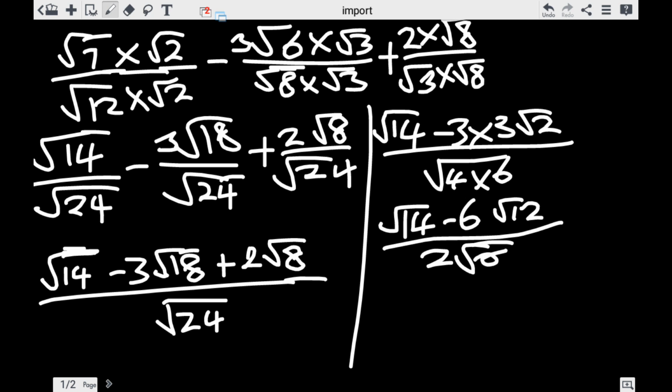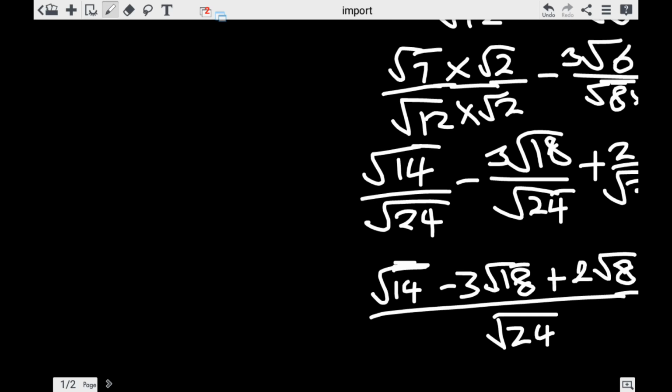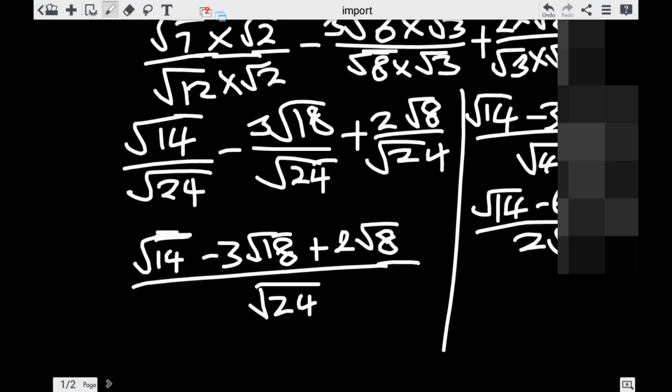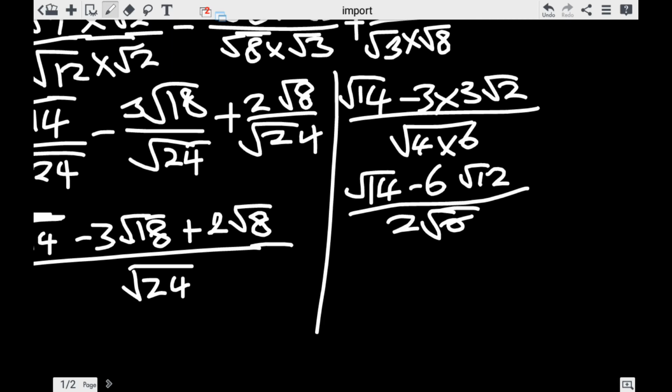So at this point, you want to factor out. Keep in mind that this 6 here is multiplied to this square root symbol, so maybe I should move it closer to that square root symbol.